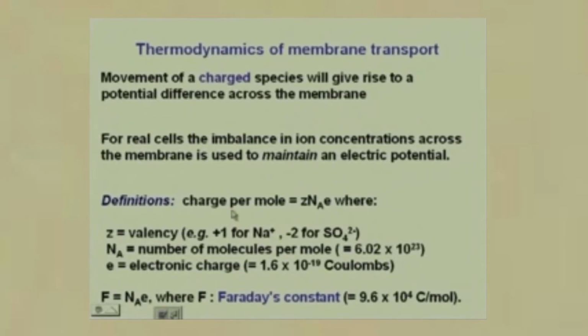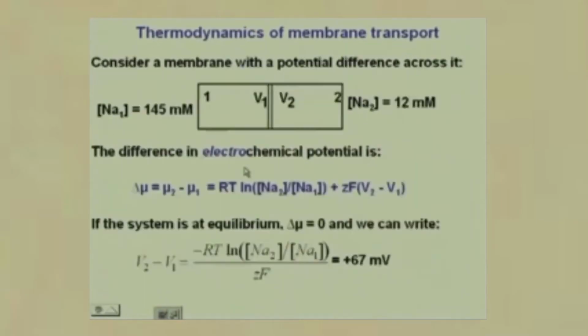Okay? So, basically what we are saying now is, when I do not have just a concentration difference, but I also have the transport of a charged species, I have to consider an additional electrochemical potential. So, what do we do now? We have a membrane with a potential difference across it.